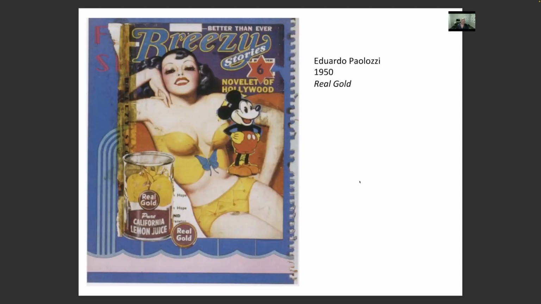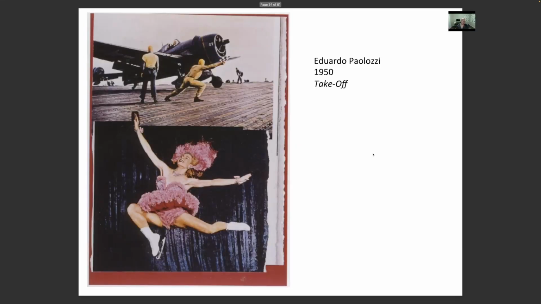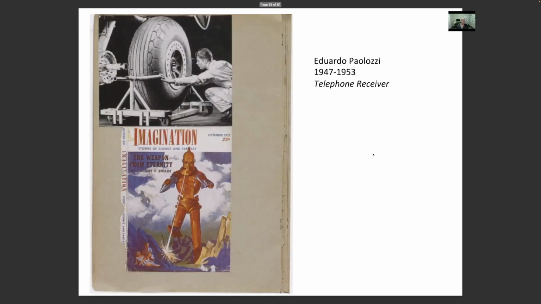And one of the things that I like about these pieces is that they're not very carefully cut out. So it's not really about the perfection of the way the image is constructed. It's a little bit more about the images and the metaphor that they might produce next to each other.